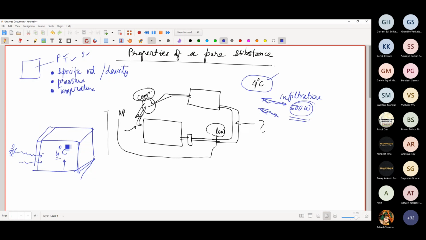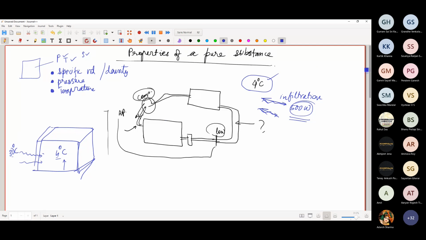Of course, when everything becomes cold enough and there is no more infiltration of heat, the compressor switches off automatically by means of a thermostat. So for this kind of designing, you really need to pinpoint what the properties of the substances are.